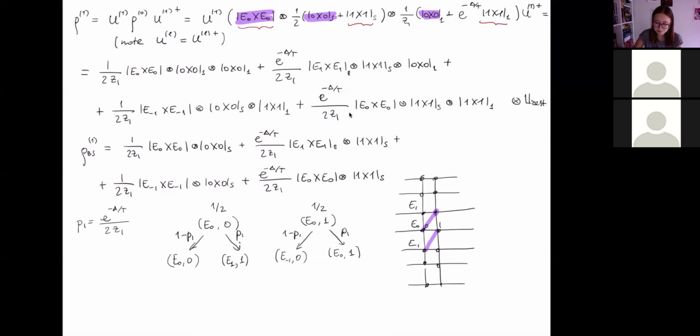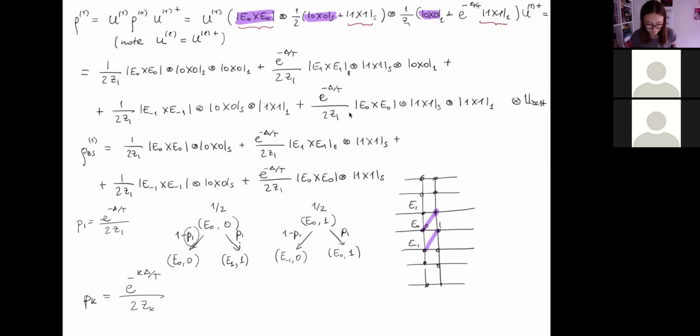And to keep in mind is that the energy gap increases after the application of every unitary, and also the probabilities, these P1s here, also change, because on the k-th step you would have pk, e to the power minus k delta over t over 2zk, because they also depend on the energy gap of the thermal qubit that you use.